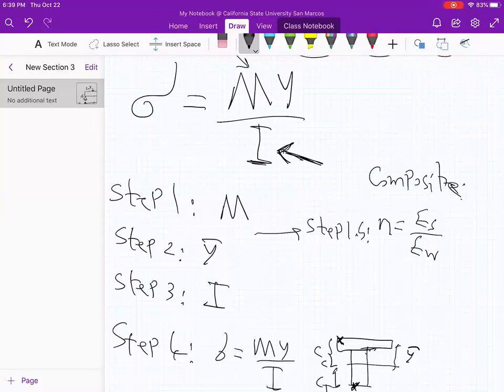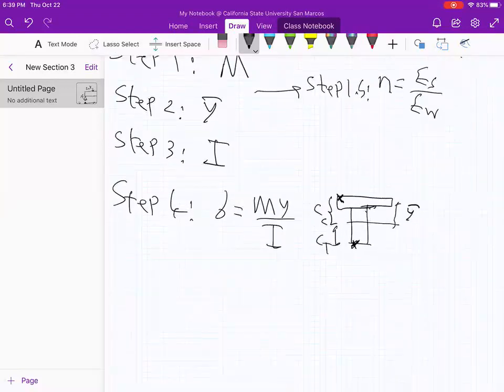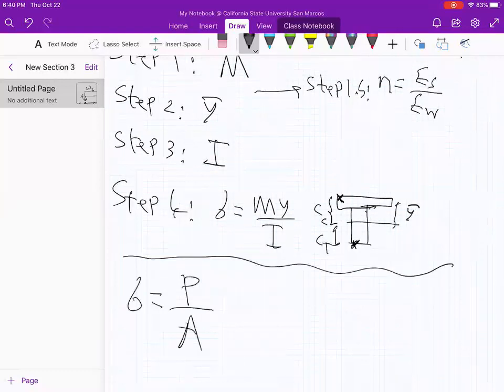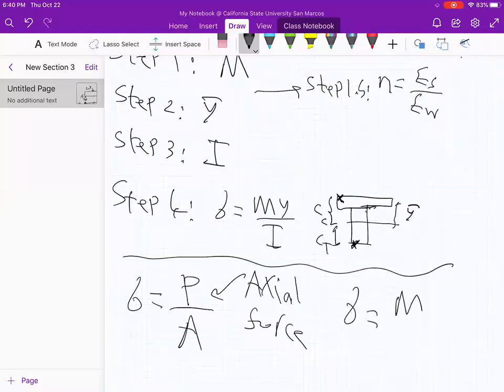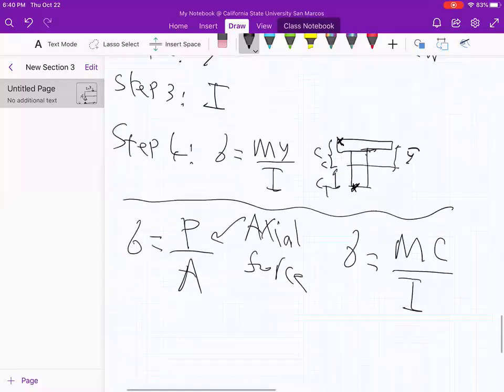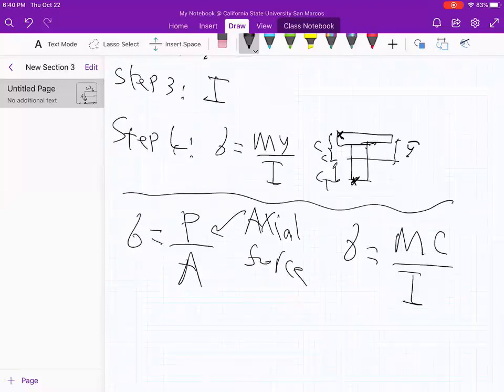The other case: we have the stress based on the moment, and also if we have an axial force, we have another stress, P over A, based on the axial force. And then this stress, MC over I, based on the moment. What happens if you have both? How can we add or subtract it? So this is a plan for later.